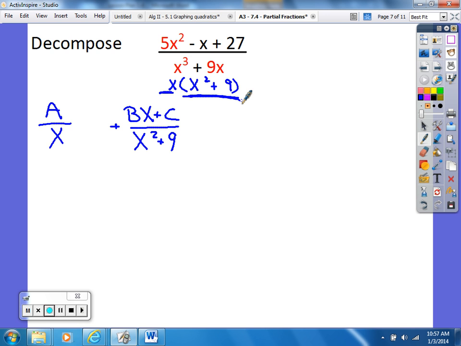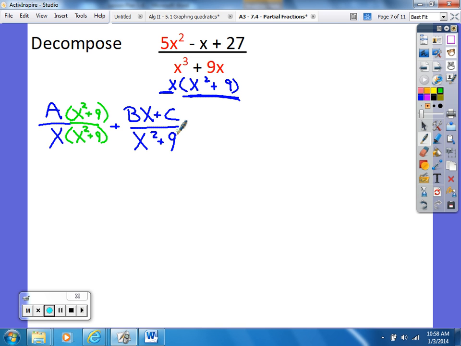So now, let's change colors. See, these are my two pieces I need. So I need both of these pieces on the denominator here. What is this one missing? X squared plus 9. So I'm going to put an x squared plus 9 on top and on bottom. Now, does it have all the pieces I have up here? Yes, right? What about this one? What's it missing?